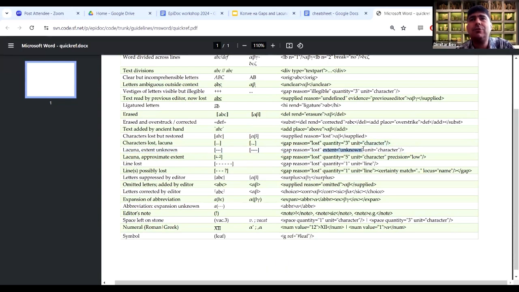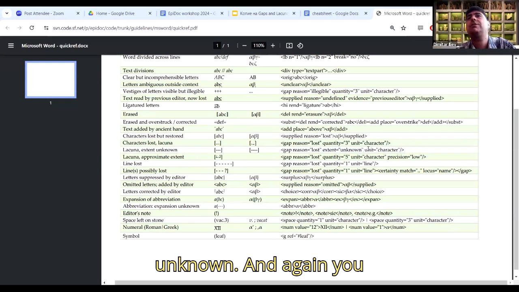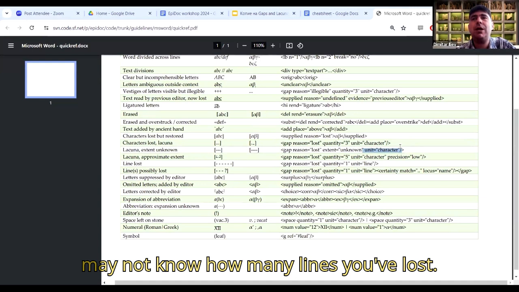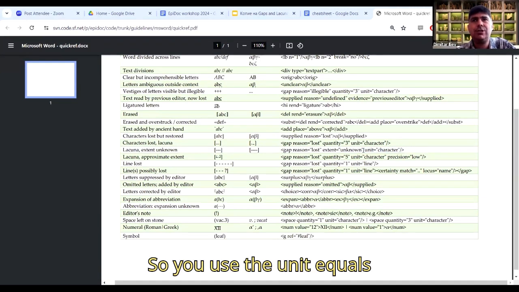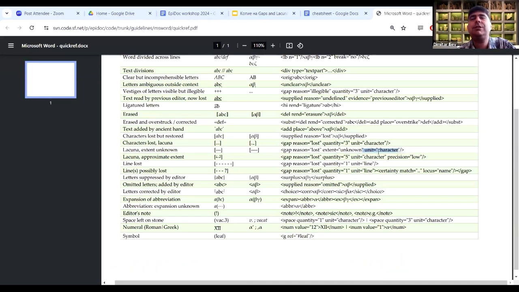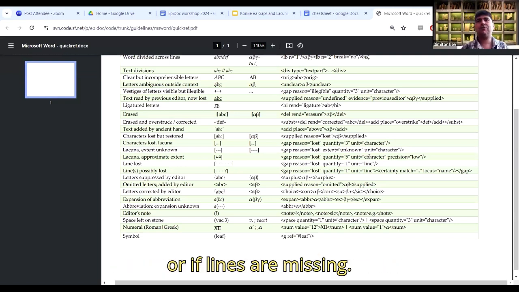And the value of this attribute extent is unknown. And again, you may not know how many characters, or how many lines you've lost. So you use unit equals character, or unit equals line.